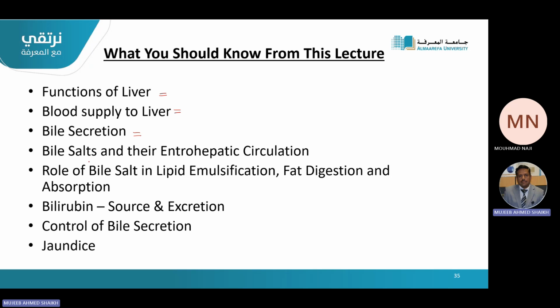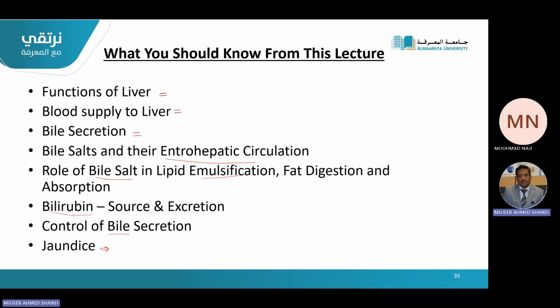Bile salts, how they are circulated, that is called enterohepatic circulation. How the bile acts on the lipid to cause the emulsification or digestion of the fat. Then what is bilirubin, its source and its concentration and the conditions related to it. How the bile secretion is controlled, chemical, hormonal and neural.